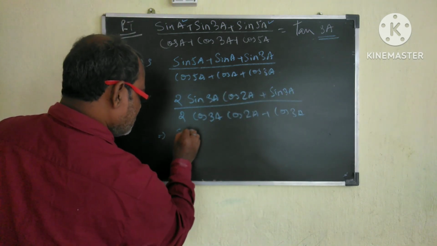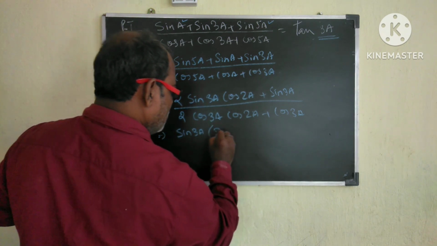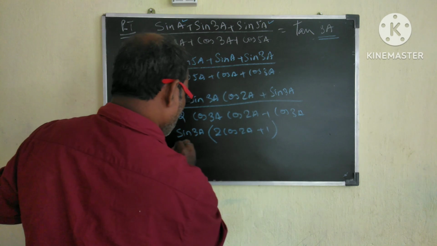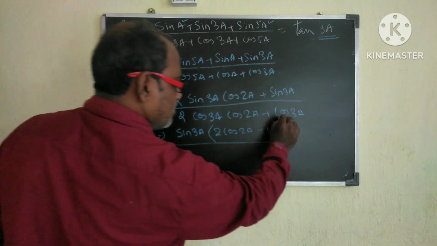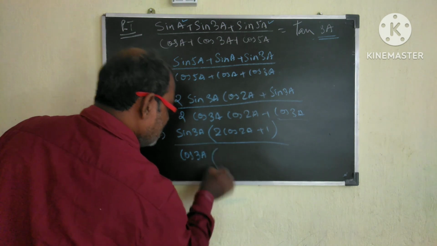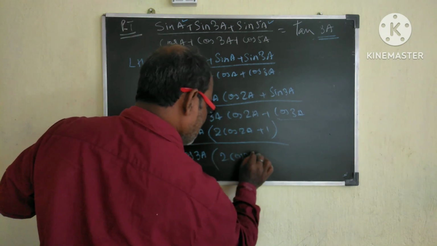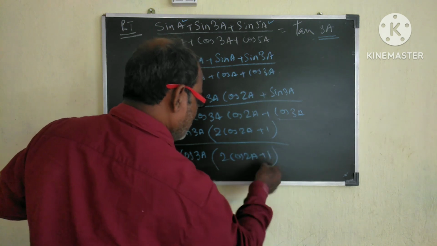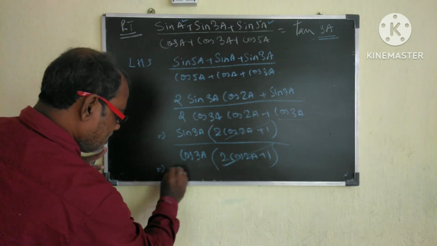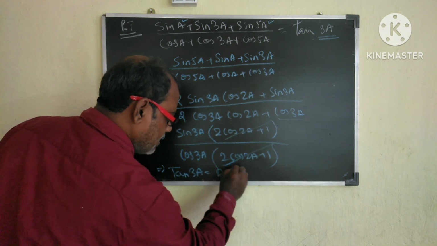So we write here sin 3A, taking common, (2 cos 2A plus 1), whole divided by, like that, cos 3A as a common, we write down here cos 3A, (2 cos 2A plus 1). This gets cancelled off. Sin 3A by cos 3A is tan 3A, which is equal to the RHS.